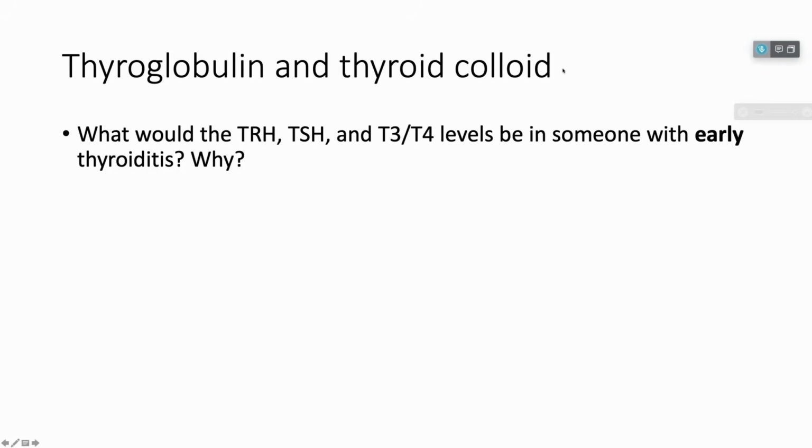So Mashoud, what would the TRH, TSH, and T3, T4 levels be in someone with early thyroiditis, and why? Okay. In early thyroiditis, because the thyroid has a lot of thyroid hormone and it's inflamed, there's a lot of release of the hormones, so I'm releasing a lot of T3 and T4. Perfect.